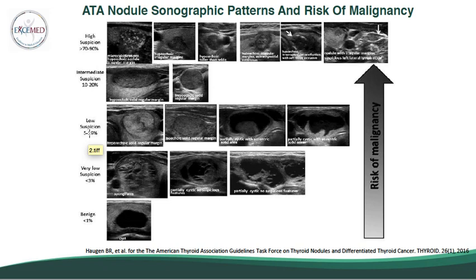Or, for example, you only have a thyroid cyst and the risk of malignancy is less than 1% regardless of size, then you don't need to advise the patient to proceed with fine needle aspiration biopsy because the risk is very, very low.